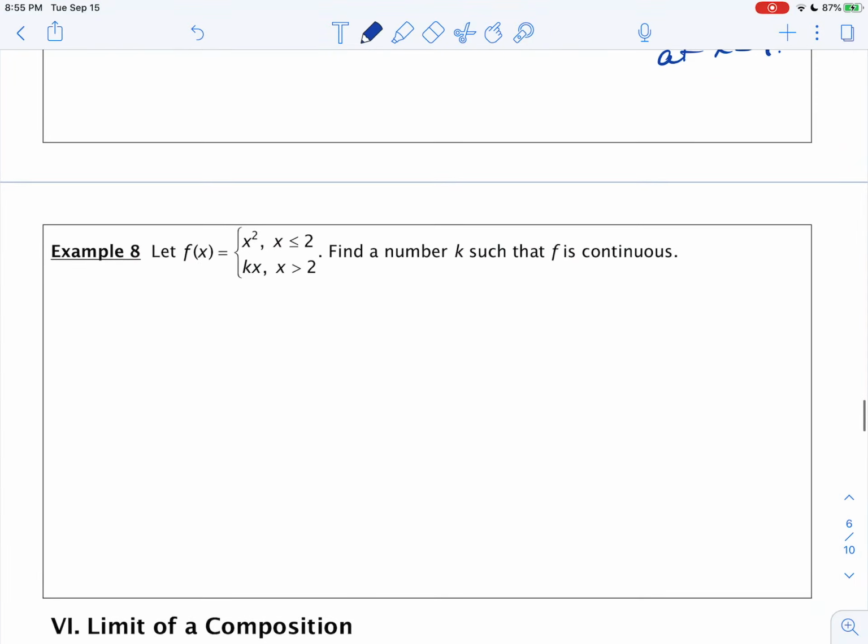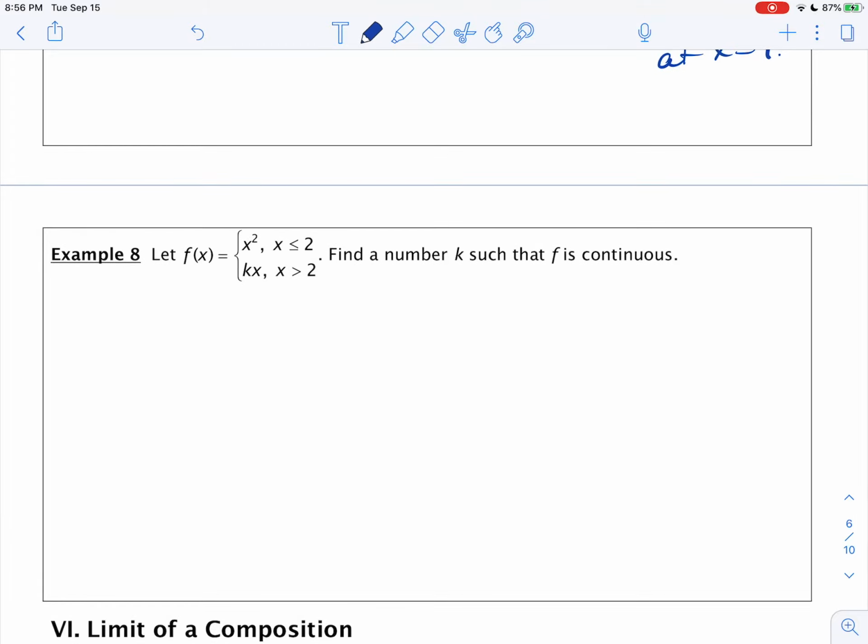Sometimes we want to find where we can extend our functions to be continuous at a value. So we're still going back to those three criteria. So it says here, find a number k such that f is continuous. Okay, so what is our problem point? Our problem point is x equal to 2, right?